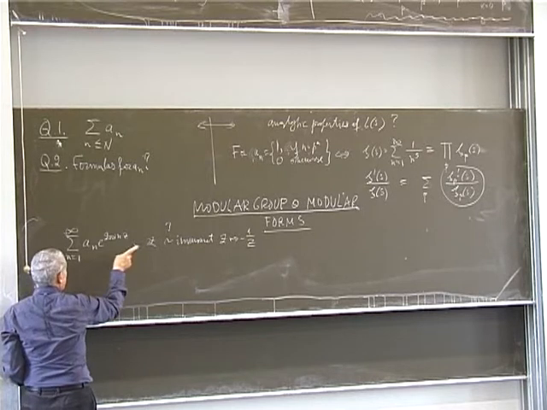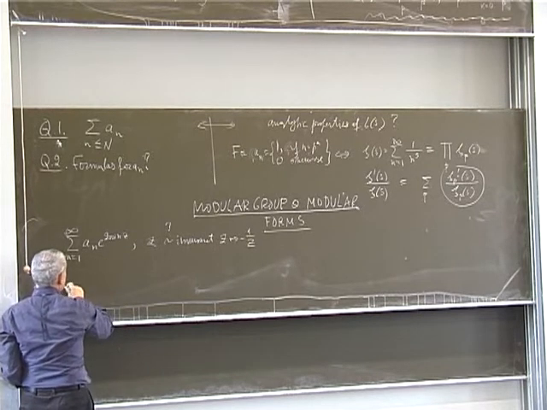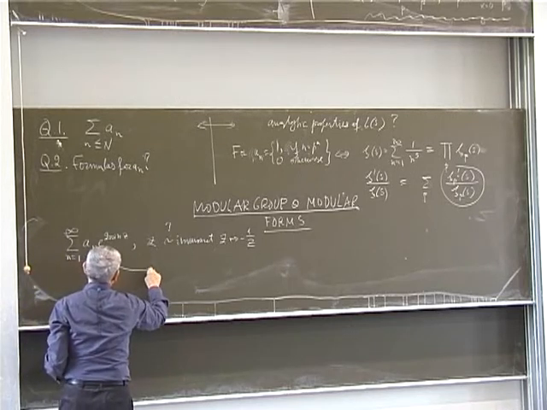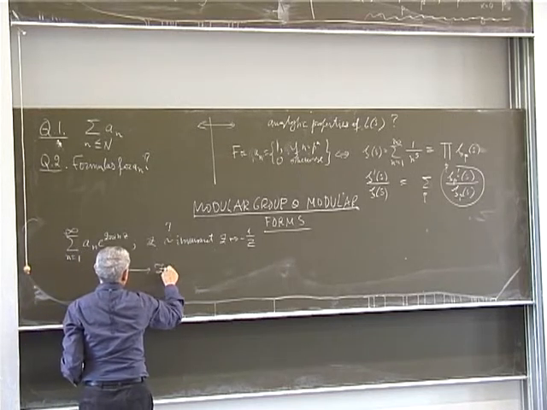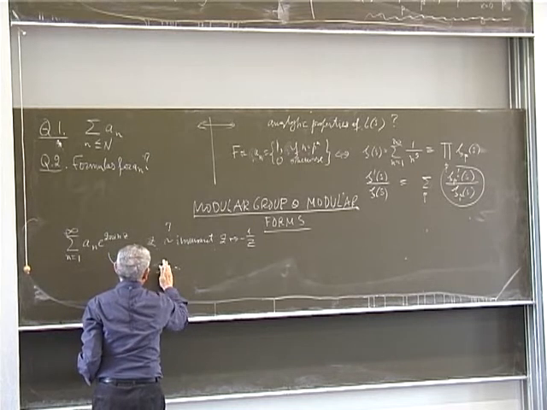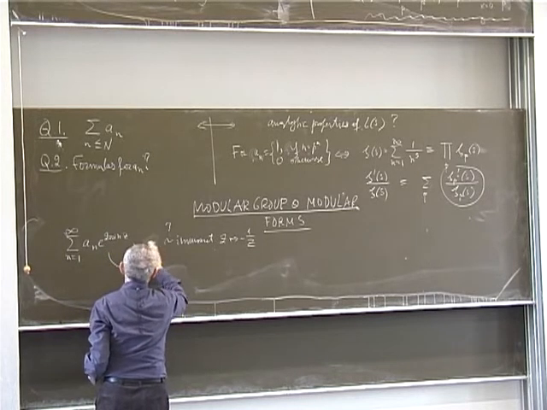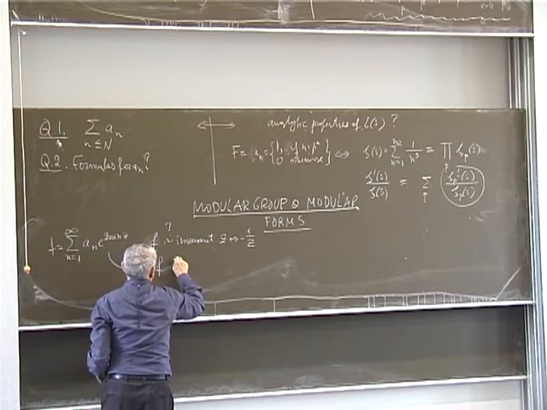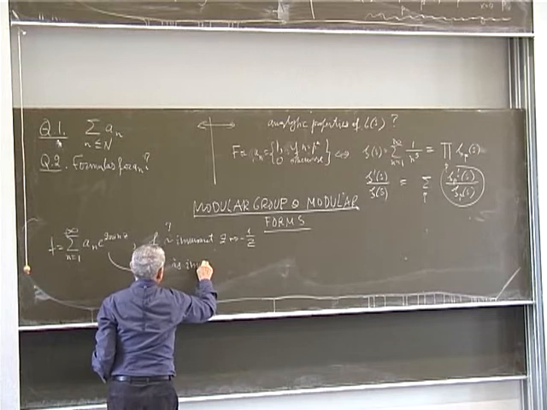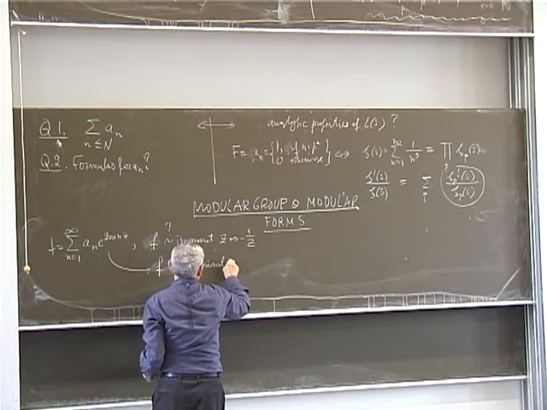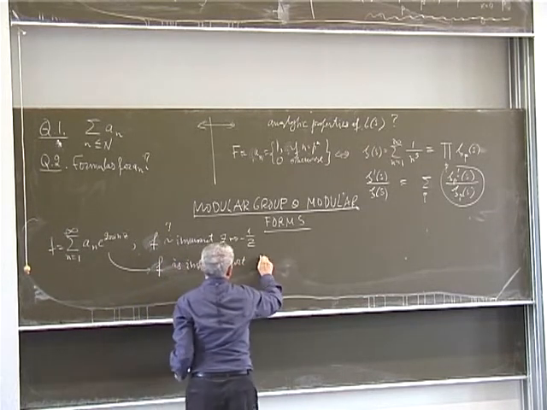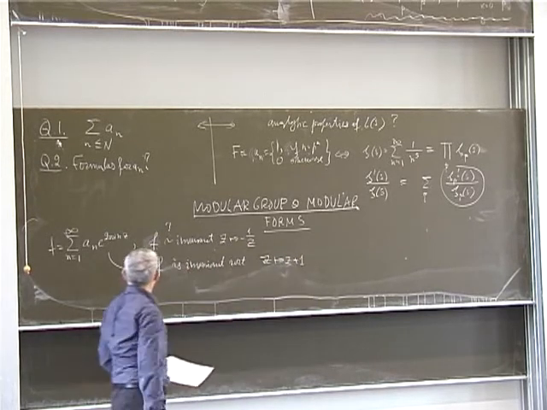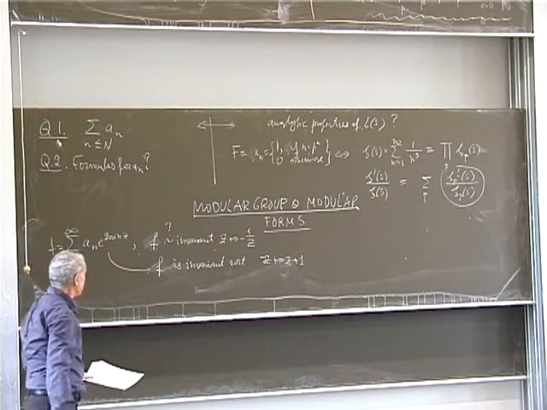But for the time being, the gist of the matter is that there is one more obvious transformation. f is obviously invariant with respect to the transformation z goes to z plus 1, just because it is a Fourier series.